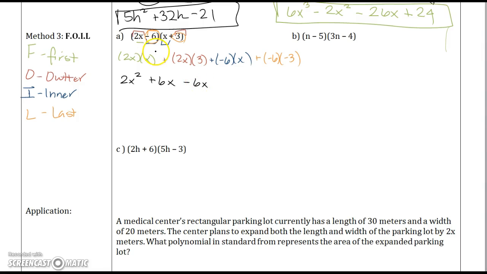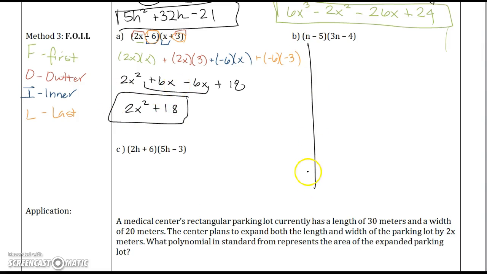Something's wrong. Is it? Maybe not. And then -6 and -3 is +18. Okay, no, nothing's wrong. These are my like terms. So I have the 2x squared, and then 6x minus 6x is nothing. So plus 18. I'm not going to write 0x because you don't need it. What's 0 times x? 0.